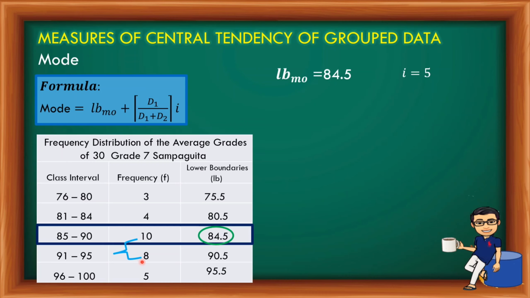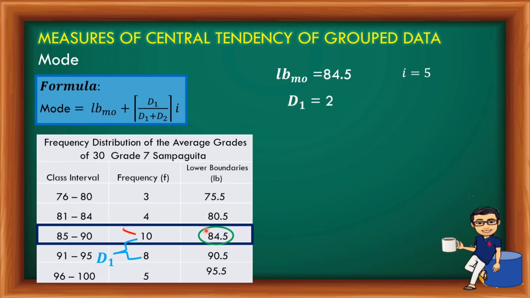Para makuha ang d sub 1, itong frequency ng modal class ay ima-minus natin sa next upper class. Baka sabihin nyo, ito yung upper kasi ito mataas. Upper class kasi mas matataas yung class dito. Kaya 10 minus 8, that will be 2. Yun yung ating d sub 1. Depende sa pagkakaayos ha. Kung dito nagsimula ang 76 to 80 at dito yung 96 to 100, dito ngayon yung upper na kailangan nating i-minus sa d sub 1.